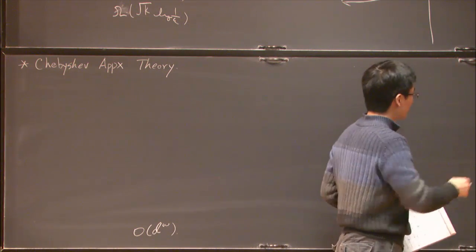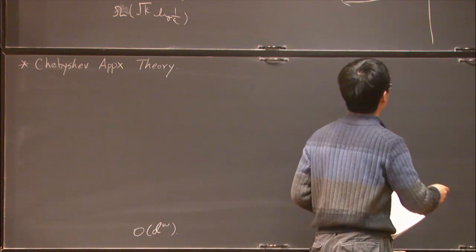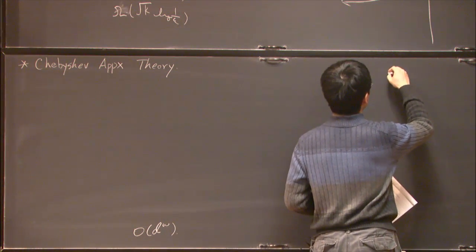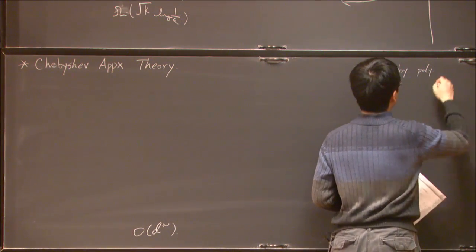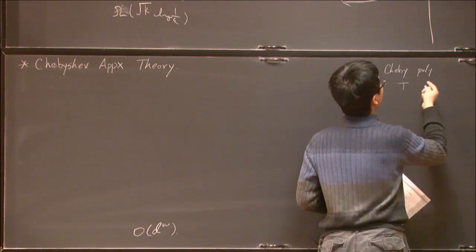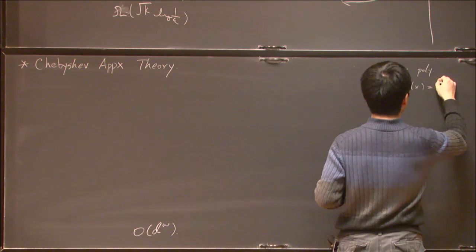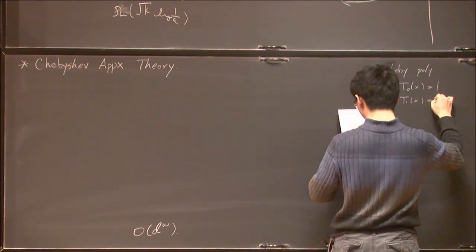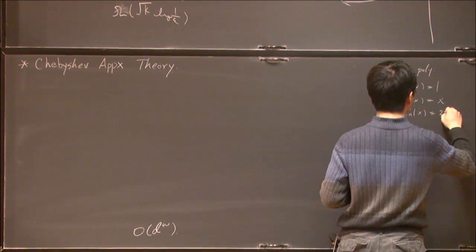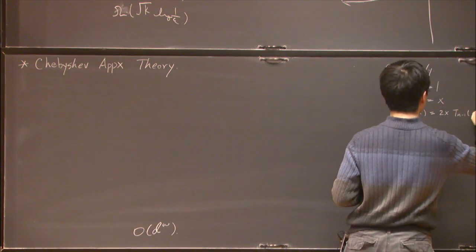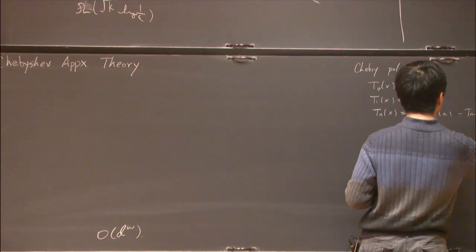So to construct this polynomial, there's actually a faster track. That is to directly use the so-called Chebyshev polynomial of the first kind. Meaning that I define T0(x) to be 1, T1(x) to be x, then Tn(x) in general to be 2x Tn-1(x) minus Tn-2(x).